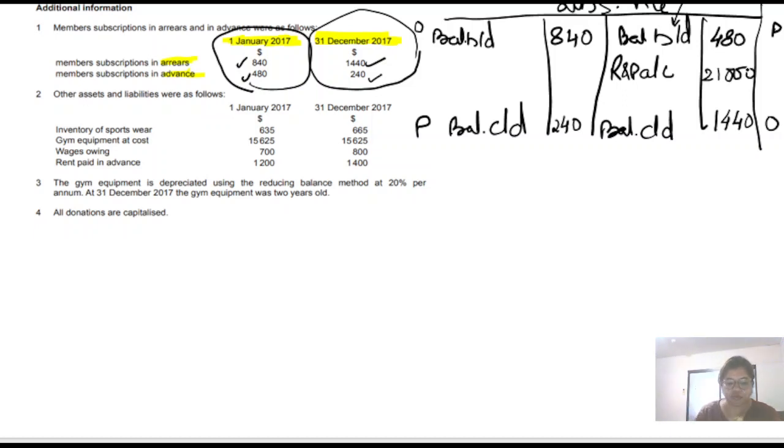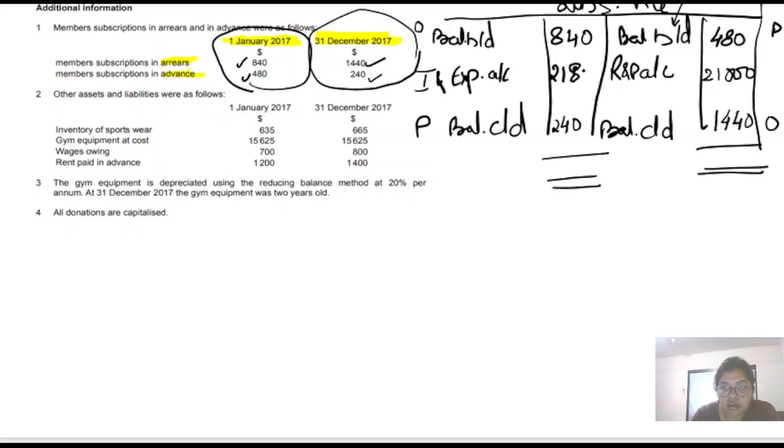Okay, after adding these three, and then we have to deduct these two, then whatever the balancing figure is, we record it like this: income and expenditure account. Okay, this is our 21,840.